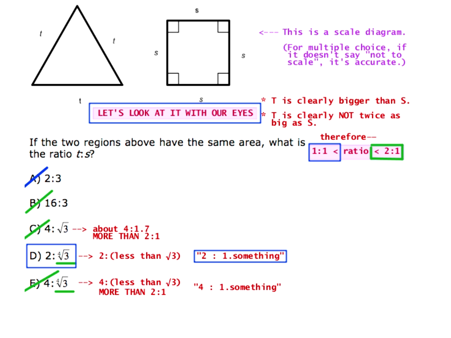One thing you've got to know about this test is they build this in. It's not an accident that you can do these things. They very easily could have written answer choices that would be much closer to D, but they don't do it. The reason they don't is not because they are unaware that people can look at it with their eyes. It's because they want you to be able to do that as a backup.